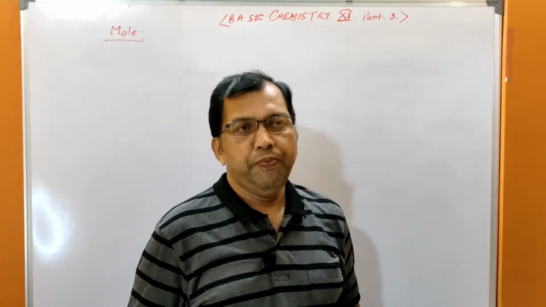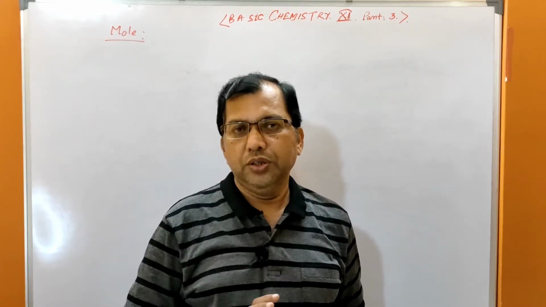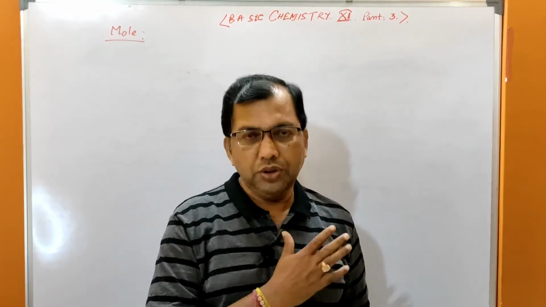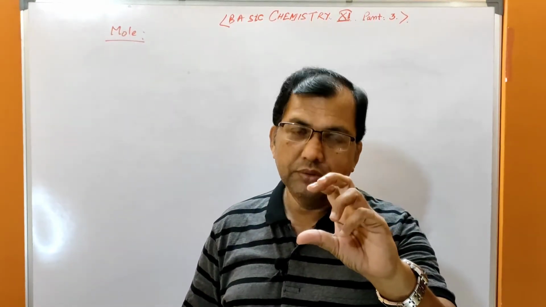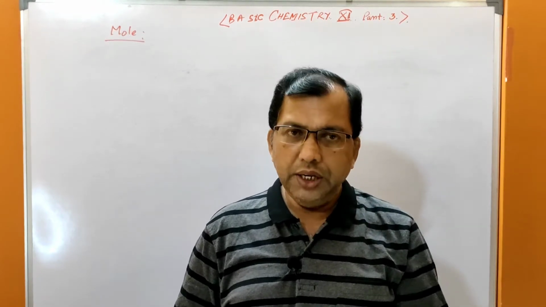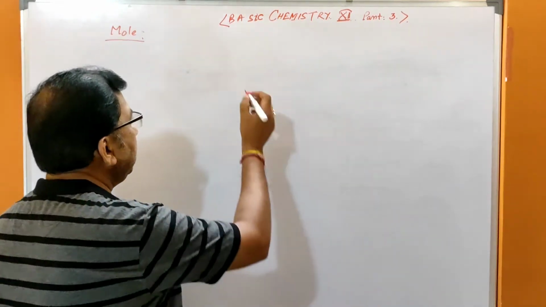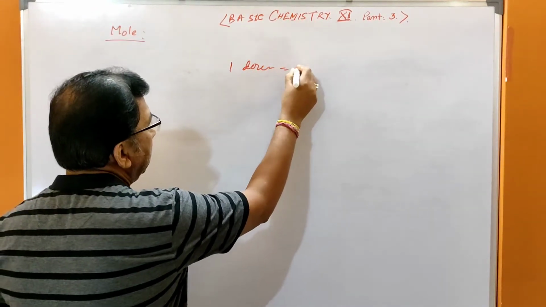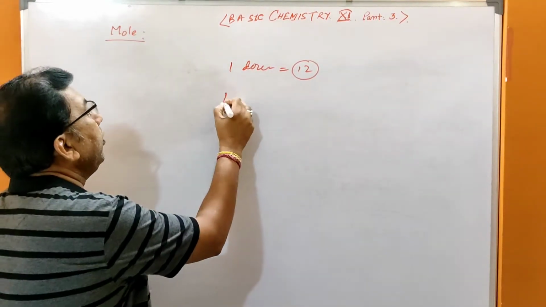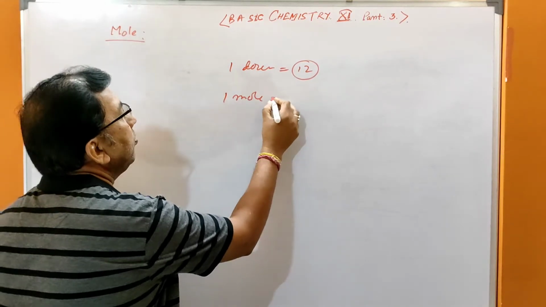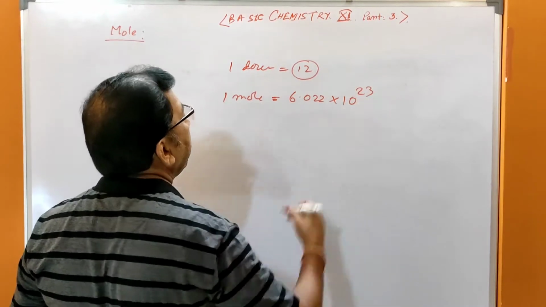In the same way, mole is a unit which is used to count the number of atoms, molecules, ions. If 1 dozen equals 12, a fixed number, then 1 mole is the unit which means 6.022 times 10 to the power 23.